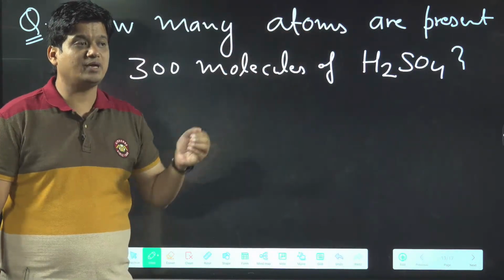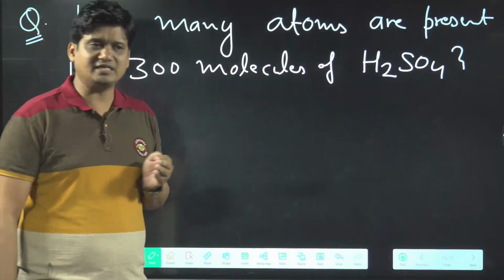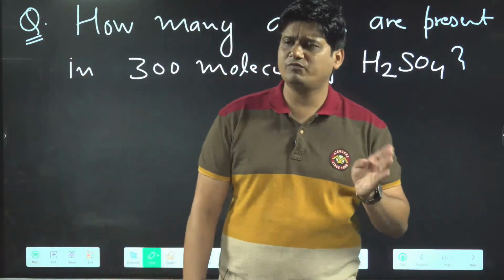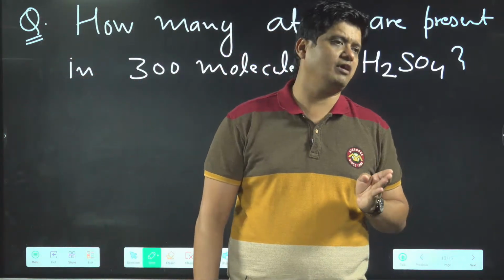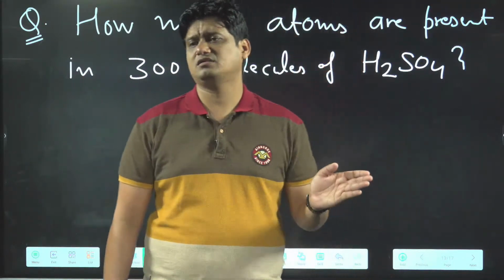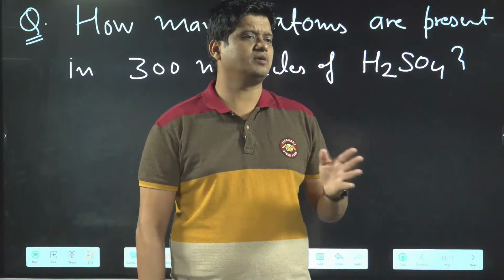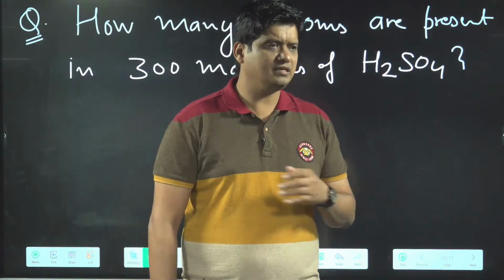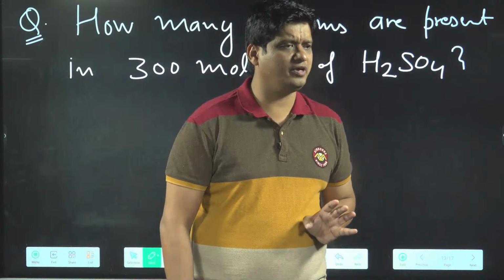So what should be our initial point? Because I said earlier, whenever you want to apply the unitary method, firstly you have to choose the path. If you know the path, you can easily solve the problem. The problem becomes very easy after knowing this concept.